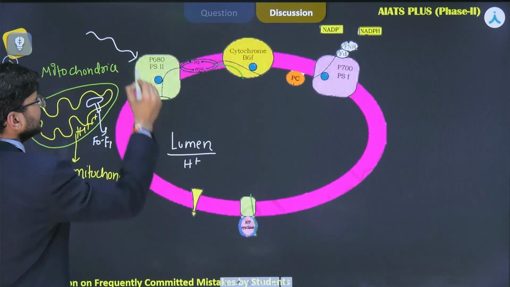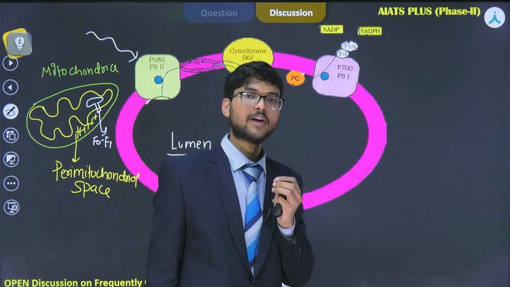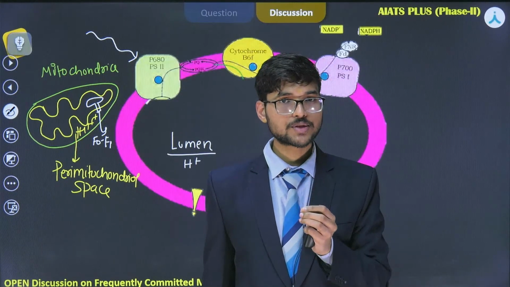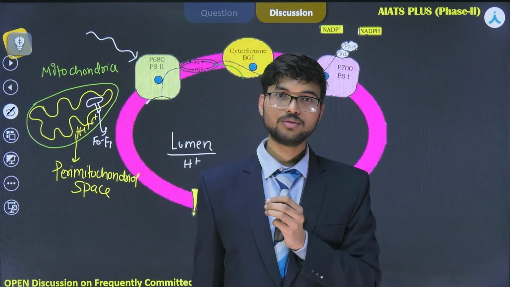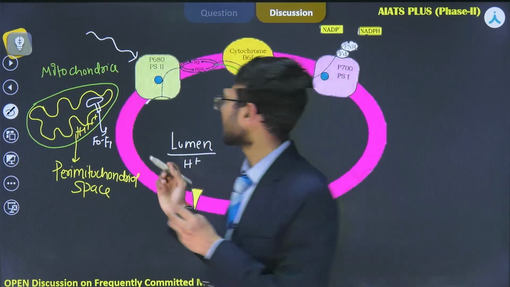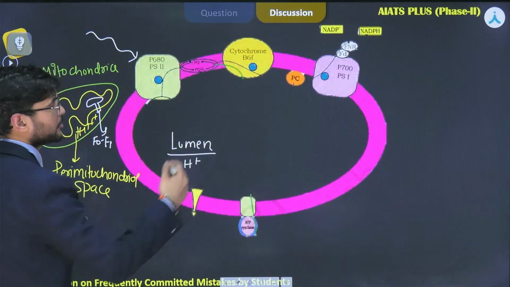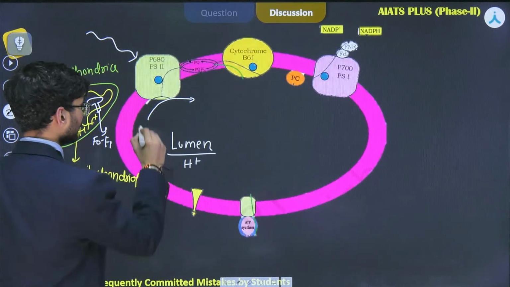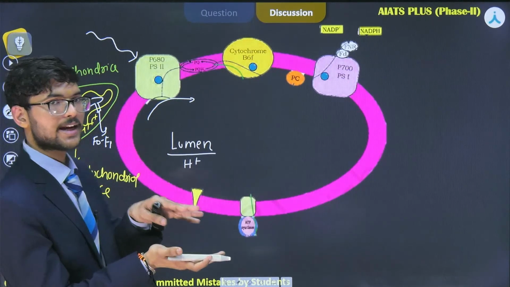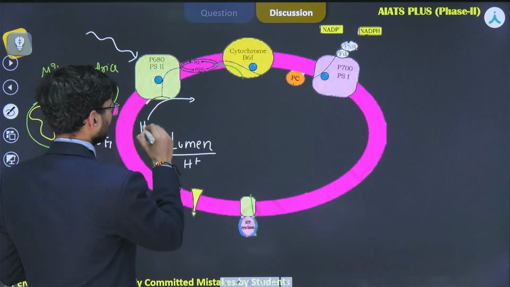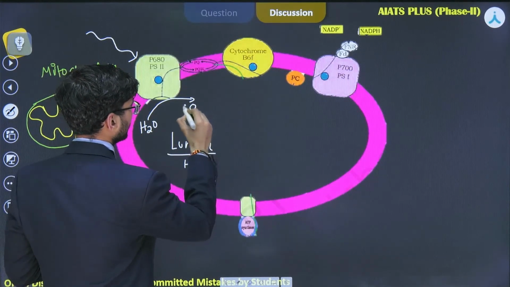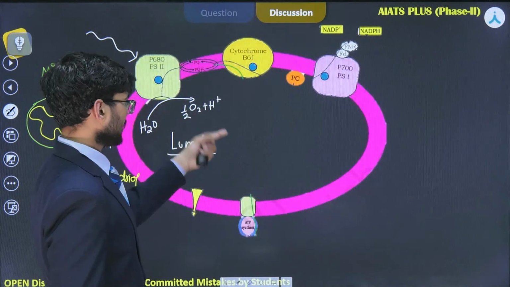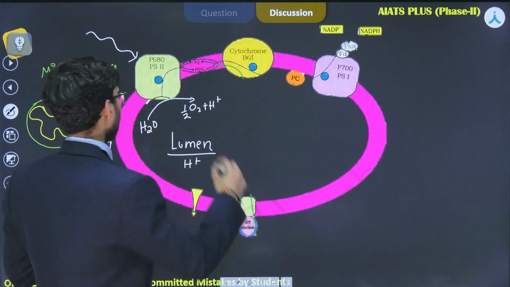In non-cyclic photophosphorylation, you have observed the presence of the oxygen evolving complex, which is associated with photosystem 2. The oxygen evolving complex, present on the inner side of the thylakoid membrane, will break water into oxygen and protons.